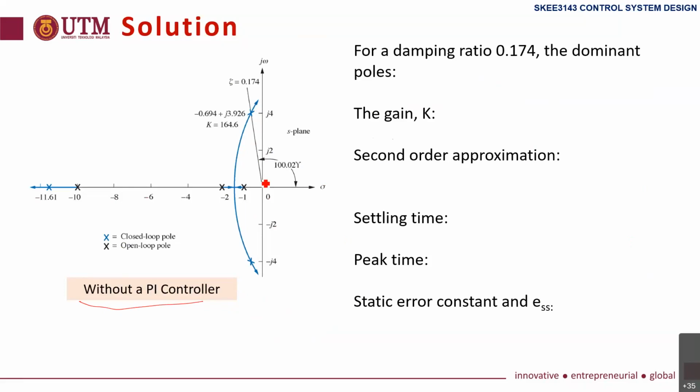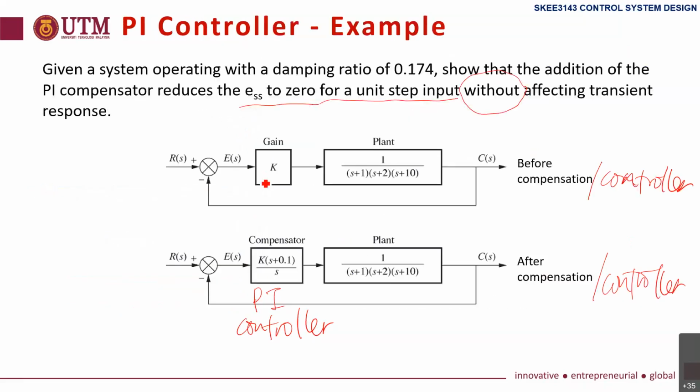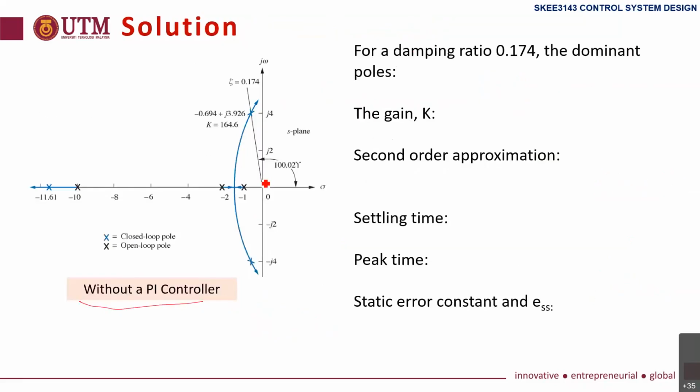We have poles at -1, -2, and -10. This is the root locus, and to achieve damping ratio 0.174, this is the zeta line. And this is the dominant pole.